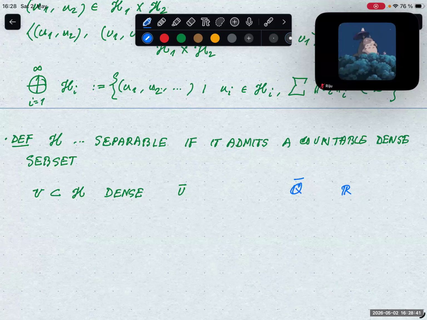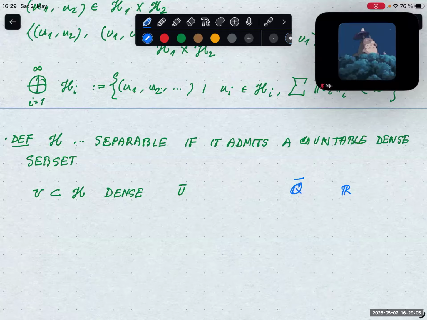So you have to fill those gaps in an appropriate way. Not just filling, but in some appropriate way. And there is a well-defined procedure for how you complete Q, or even, more generally, a metric space, but let's not go there. Let's consider only R or Q in this context. And then you get reals.